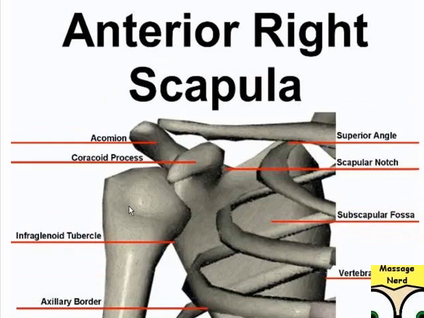Anterior right scapula, bony landmarks. First one, acromion, right here. Coracoid process, right in this region. Infraglenoid tubercle, right here. Axillary border, right here.